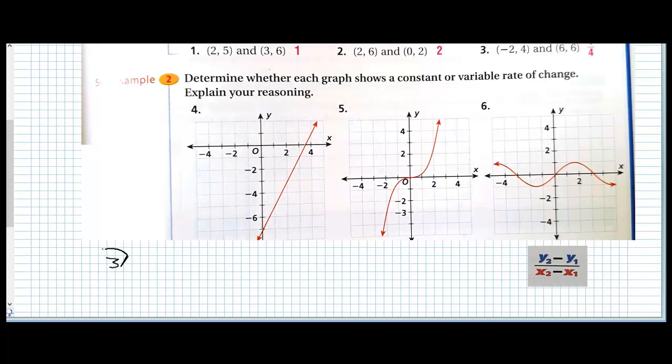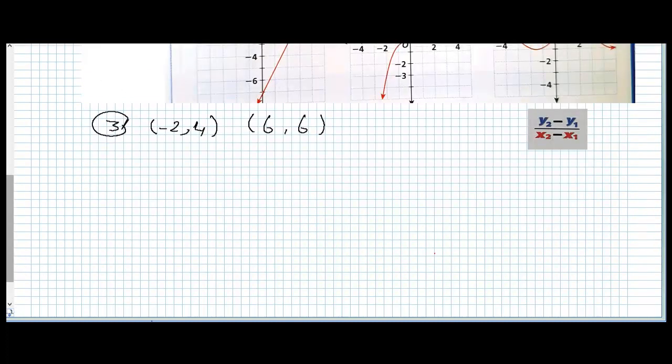Question 3. We have (-2, 4). The other point is (6, 6). How will we find the slope here? First, we have to put this as x1 and this as x2. Here I will take this number as y1 and this as y2. We can change, no problem.